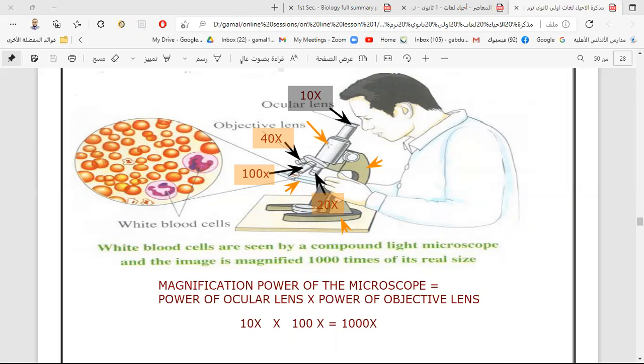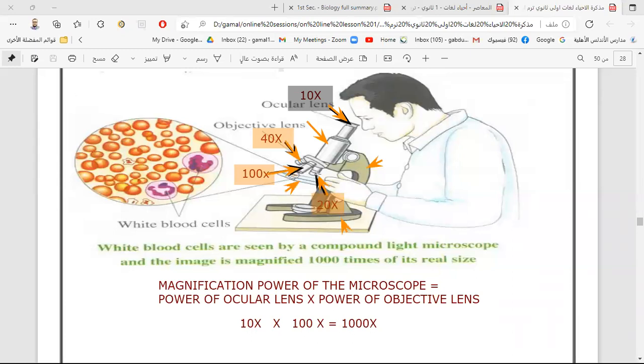And we have light parts. The light parts like the ocular lens or the eye lens, okay? And also the objective lens, which has many lenses, not one lens only, maybe 3 lenses or 4 lenses, because every lens has its own magnification power. You can use different lenses according to the power of magnification that you want.